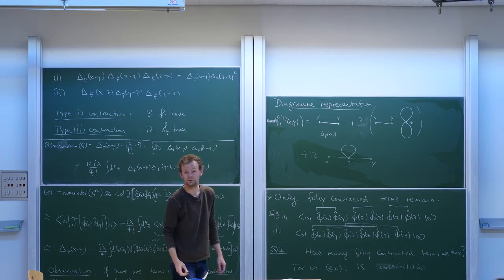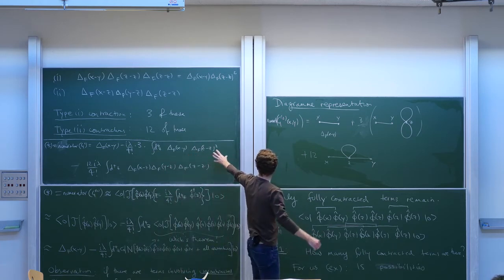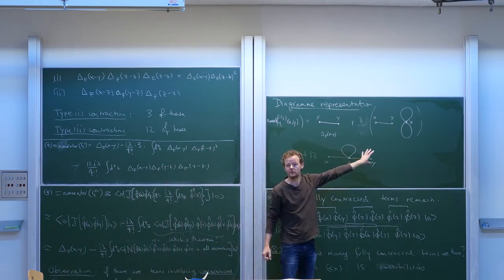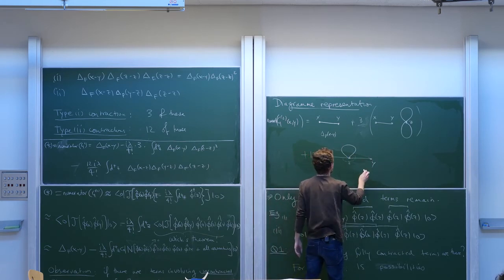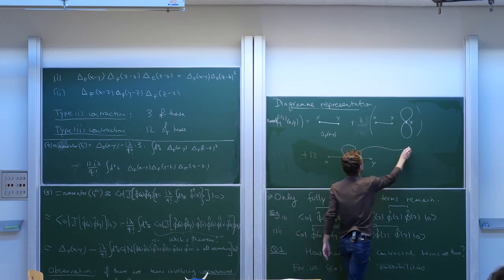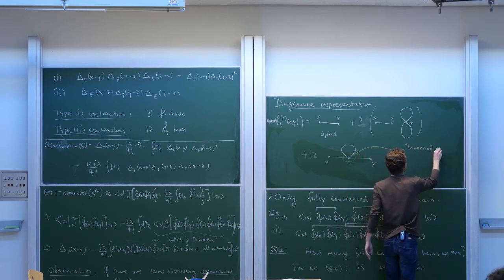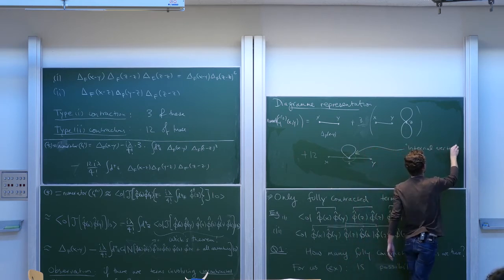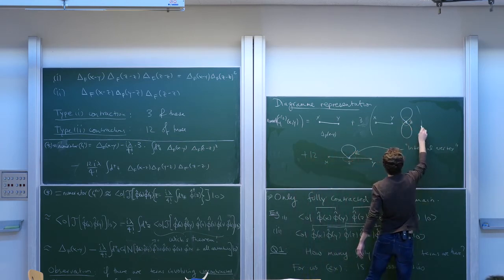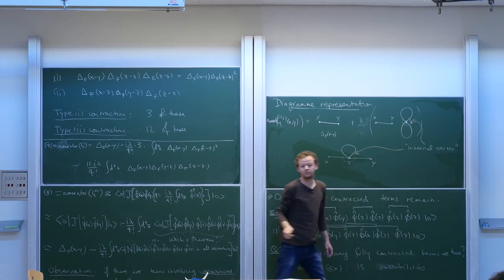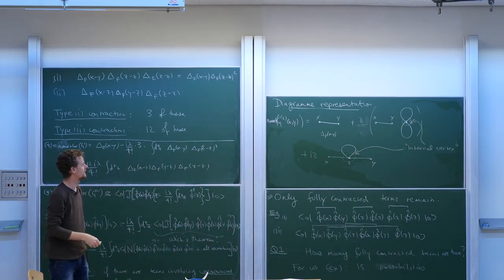So there's some terminology we need to introduce to tell you how to get from these integrals here to these diagrams here. In this picture you can see things which we call internal vertices.